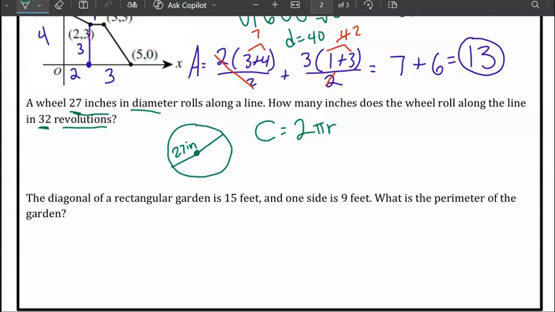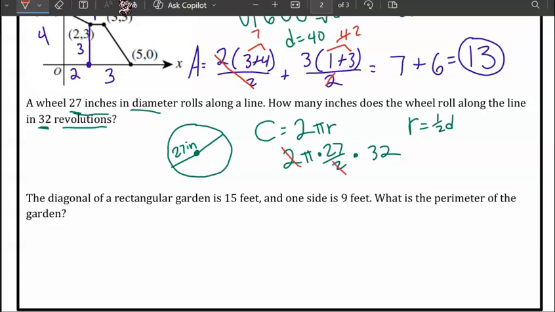And then we're going to find after 32 revolutions what that is. 2 pi times 27 over 2 to get that radius instead of diameter.